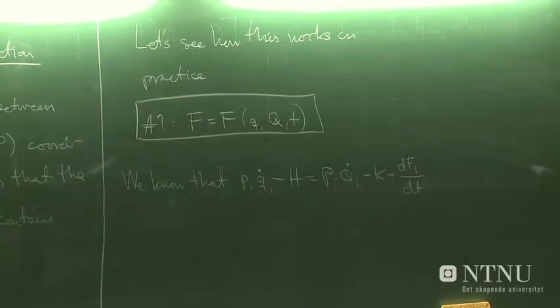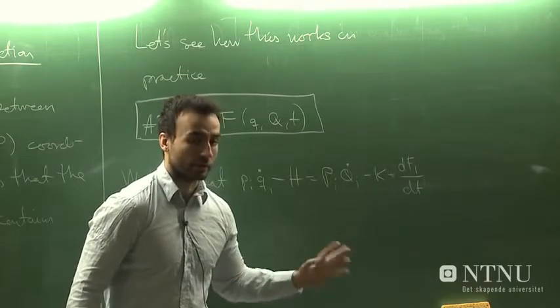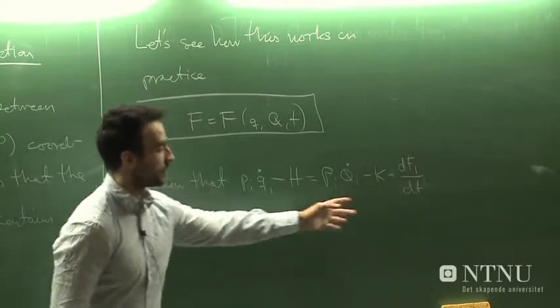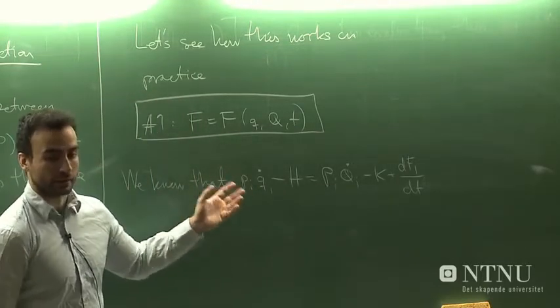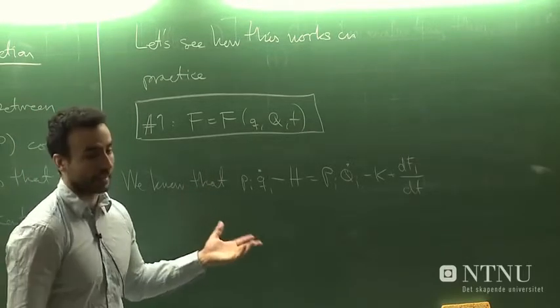So what we'll see here is that since we have this extra term allowed by the variational principle, this can be used to define how the transformation between the old and new coordinates must look like in order for this to be a canonical transformation.